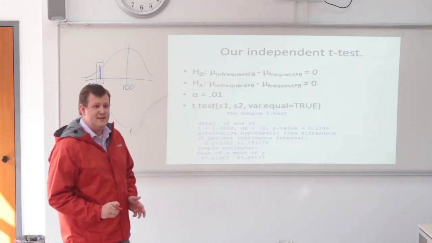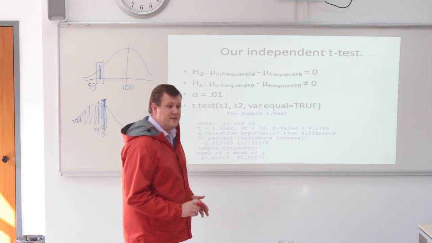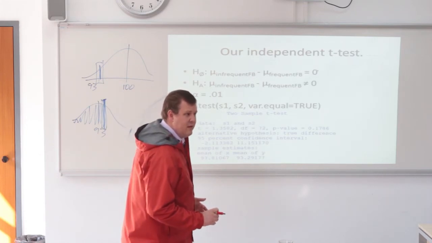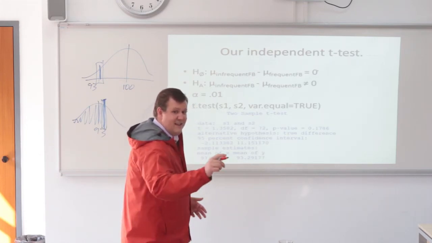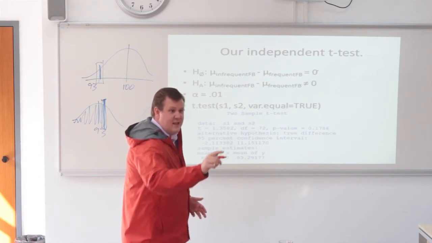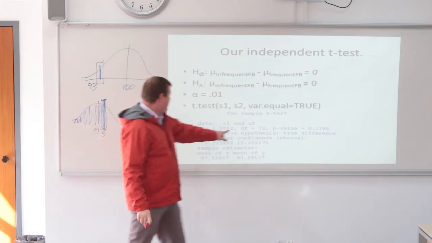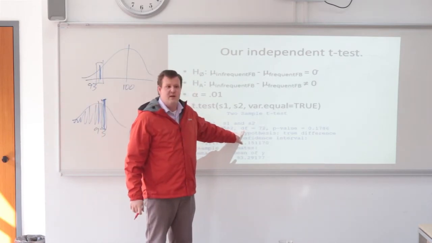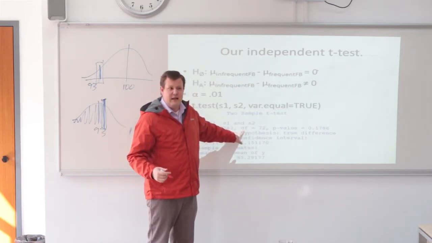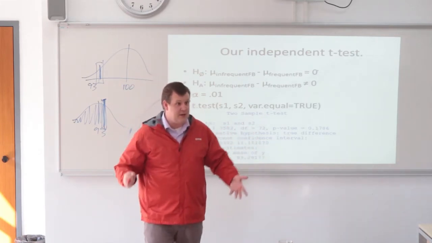Okay, what else? The confidence interval's the same? Degrees of freedom is different. You say it should be different. What's the degrees of freedom? Well, here the degrees of freedom was 72. What are the degrees of freedom when you don't assume equal variances? 69. 69 point something, I'm guessing, right?